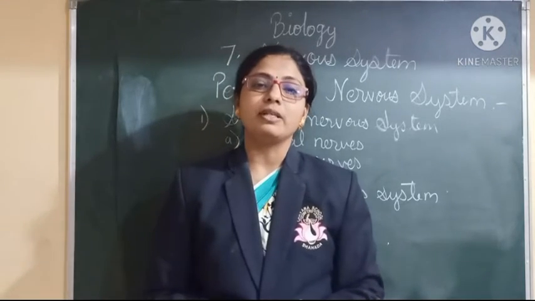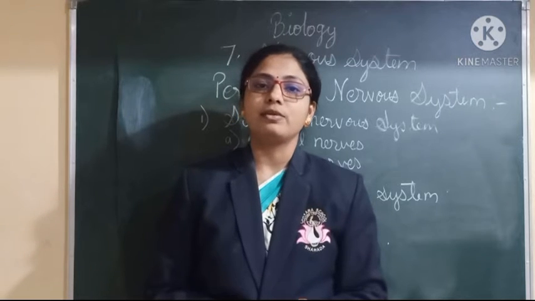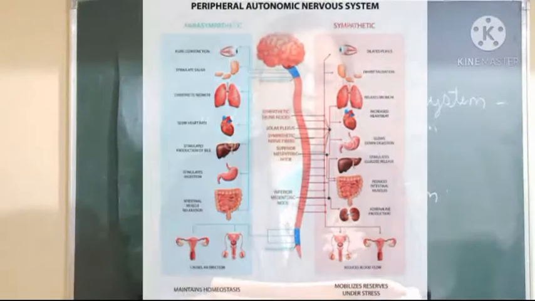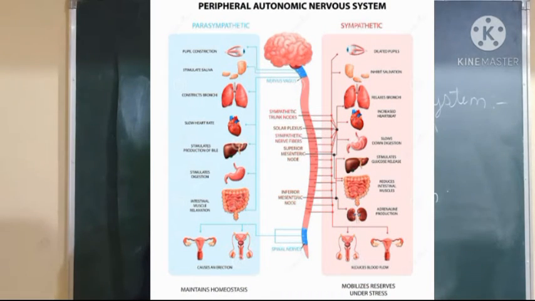So how the sympathetic and parasympathetic systems work, let us have a look at an example. The sympathetic and parasympathetic systems are antagonistic, which means they are opposite in their actions.